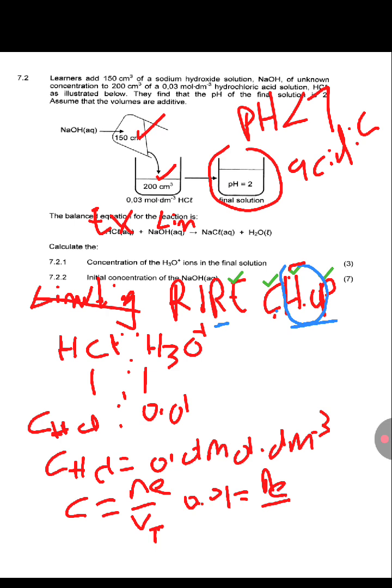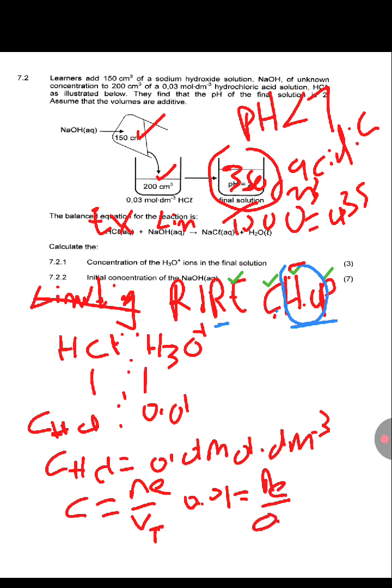It means the total volume is 350 cubic centimeters. Then you divide that 350 by 1,000, so it becomes 0.35 decimeters.